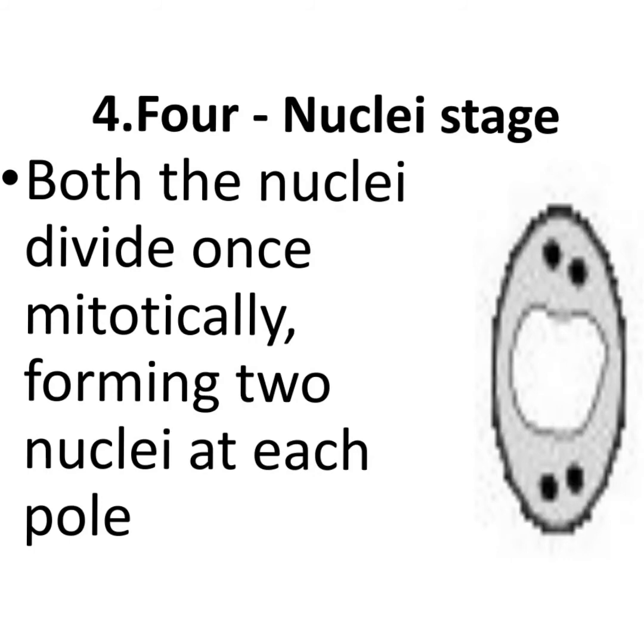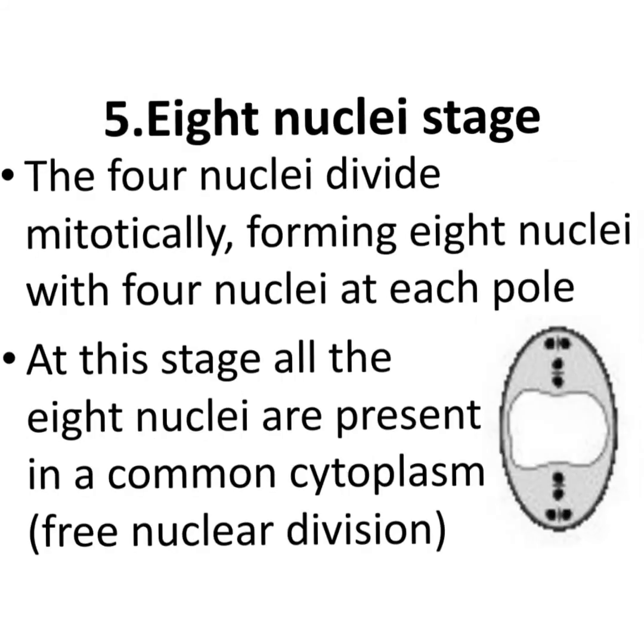On either side, there are 2 nuclei. In the fifth stage, otherwise called the 8 nuclei stage, the 4 nuclei divide mitotically, forming 8 nuclei, with 4 nuclei at each pole, 4 nuclei at the chalazal pole and 4 nuclei at the micropylar pole. At this stage, all the 8 nuclei are present in a common cytoplasm with the vacuole.